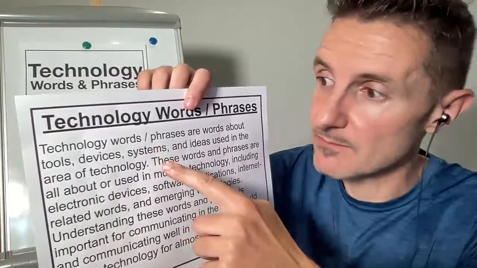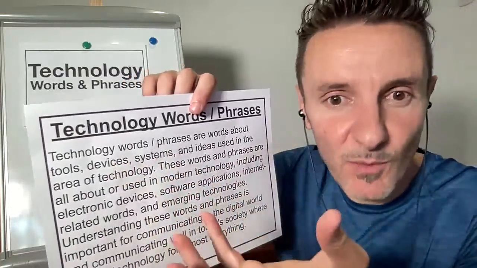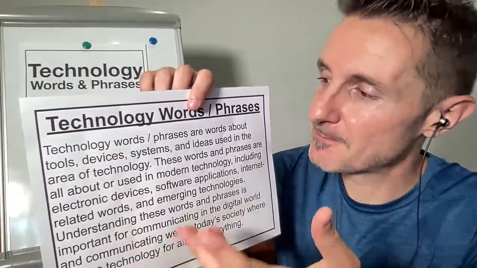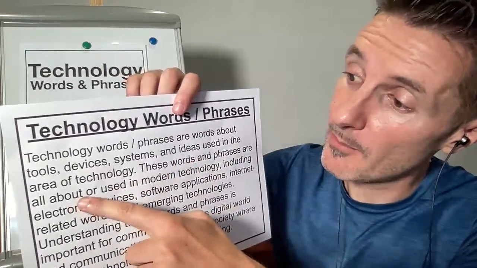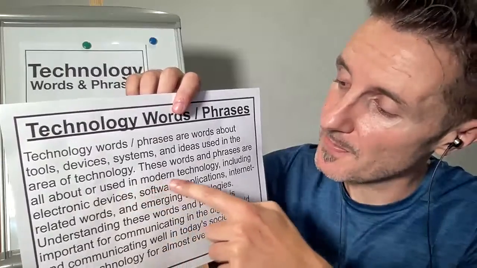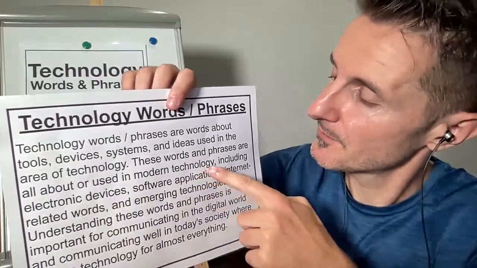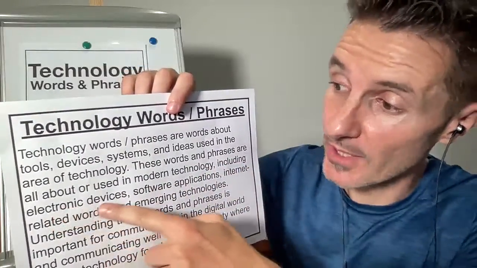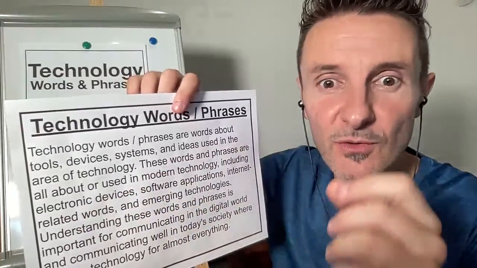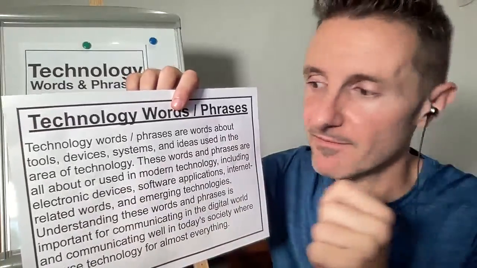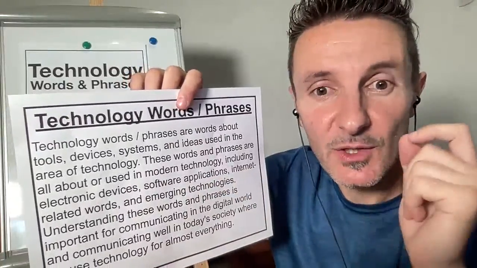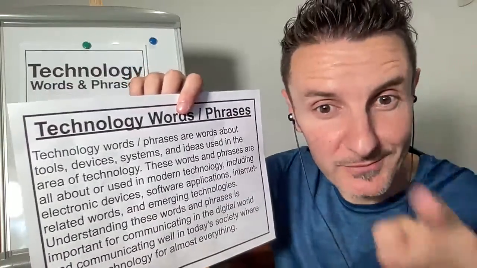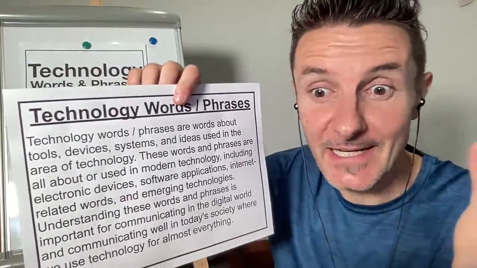It can be systems, devices like smartphones, like laptops. Now, these words and phrases are all about or used in modern technology, including electronic devices, smartphones, refrigerators, mobile phones, software applications, Facebook, Twitter, YouTube, which you're watching me on now. That is technology.